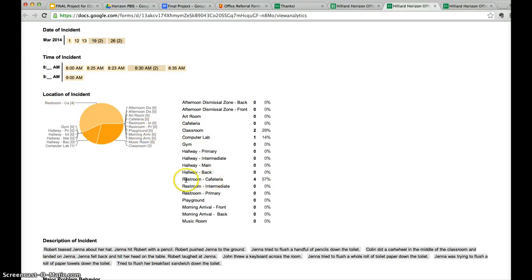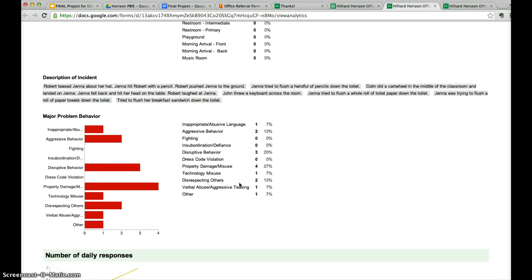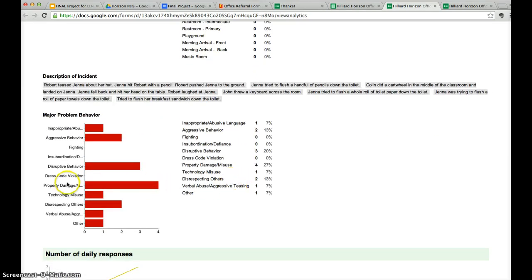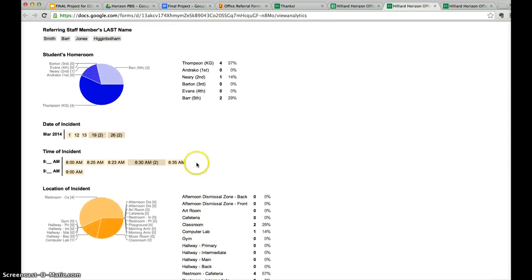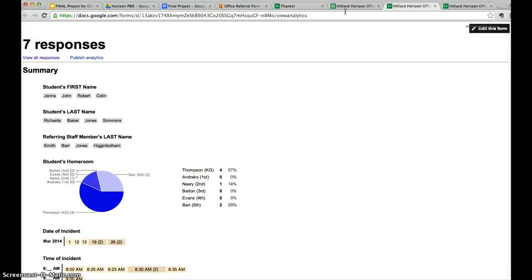They keep going in this restroom by the cafeteria in the back hallway, where a lot of people aren't usually monitoring, and property damage seems to be the number one major problem behavior. So as you can see, the summary feature of Google Sheets is really allowing me to make some informed decisions as a member of the PBIS team, or as the administrator in the building.